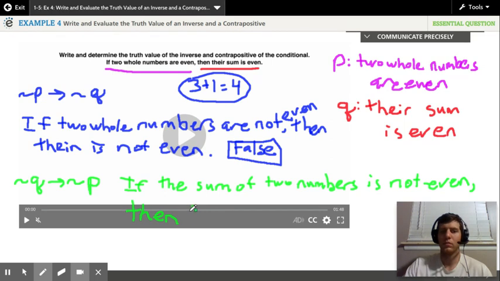Right, I guess we should include whole. The two whole numbers are not even.